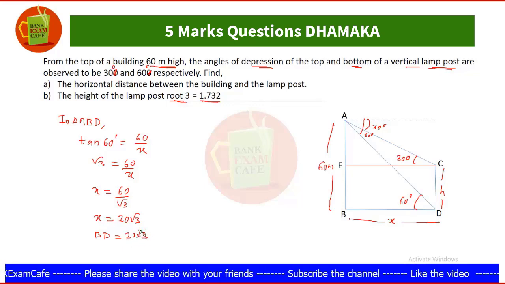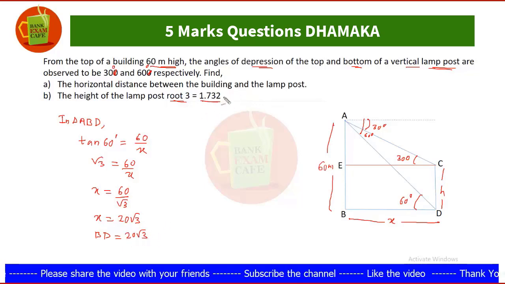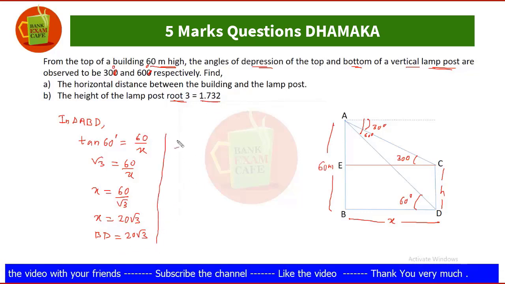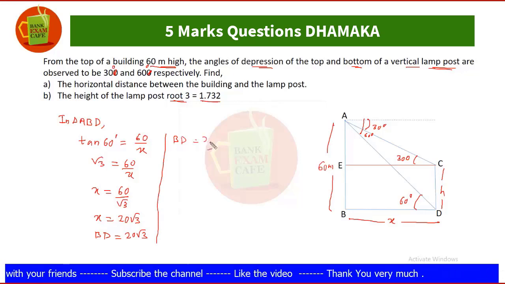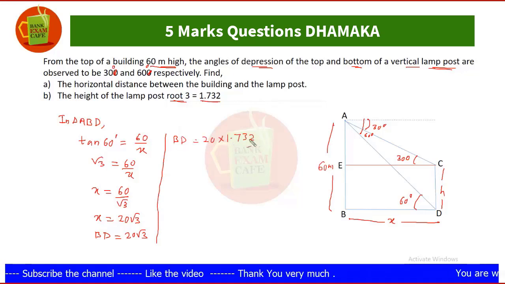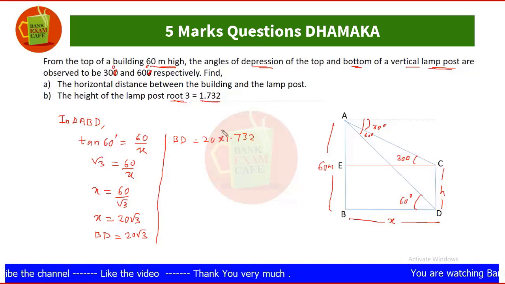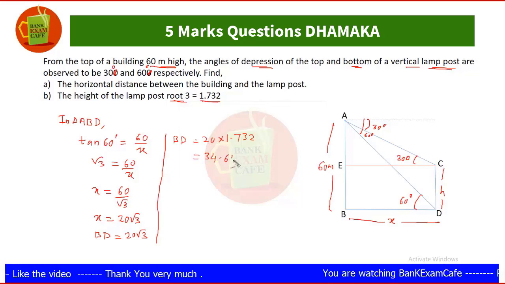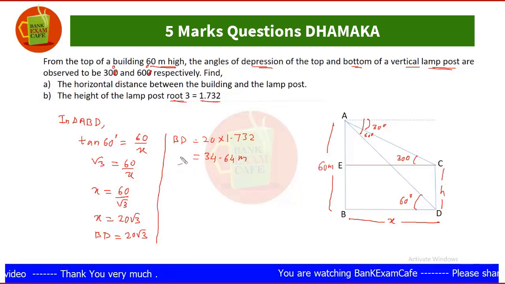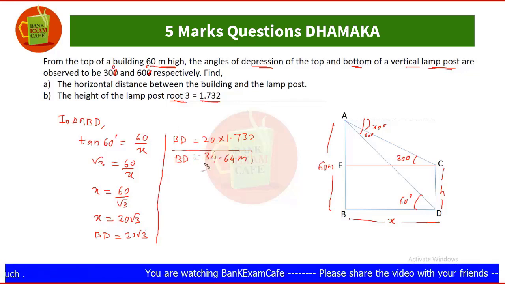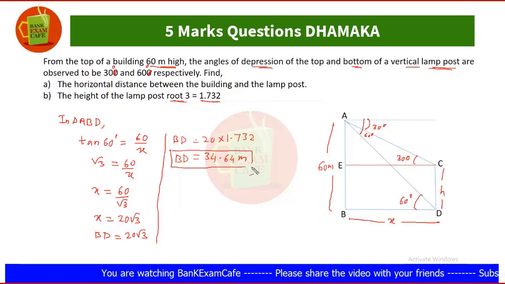The value of root 3 is given as 1.732, so BD is equal to 20 into 1.732. If you take the product of this, you will get 34.64 meter, and therefore BD is 34.64 meter. Highlight this because this is the first important step.